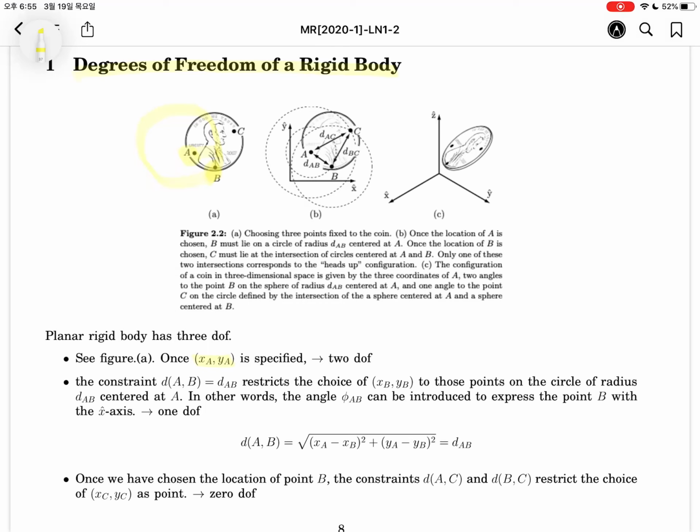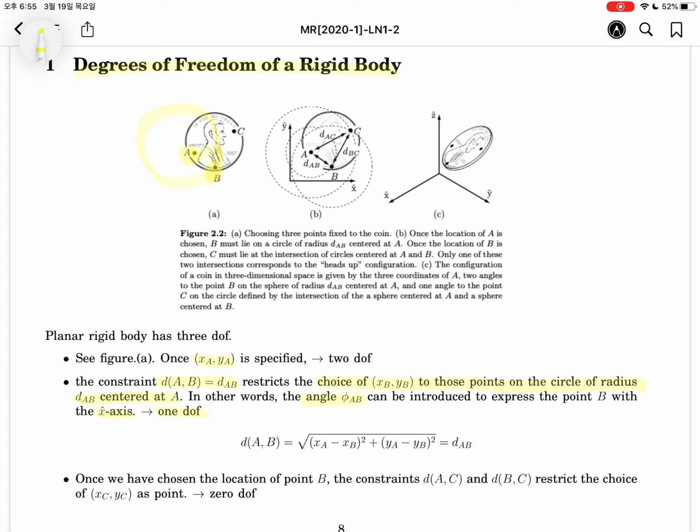In other words, B requires just 1 degree of freedom because it has one constraint. So the constraint d_AB restricts the choice of the B point to those points on the circle of radius d_AB centered at A. In other words, the angle phi_AB can be introduced to express the point B with the x-axis, 1 degree of freedom.